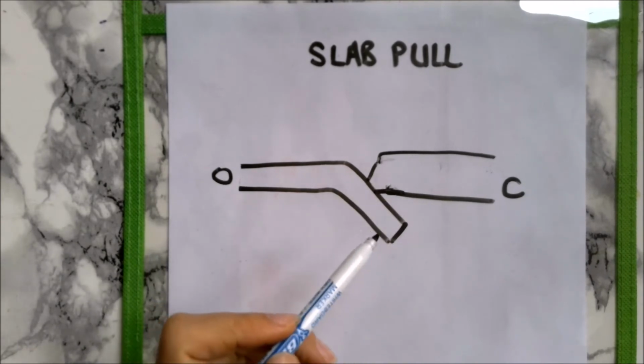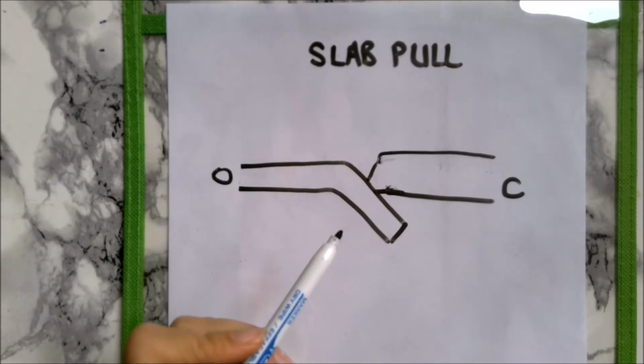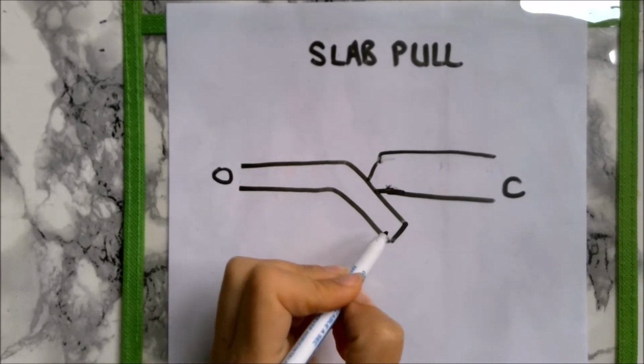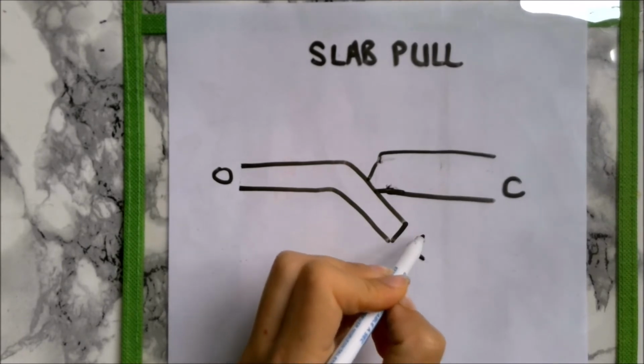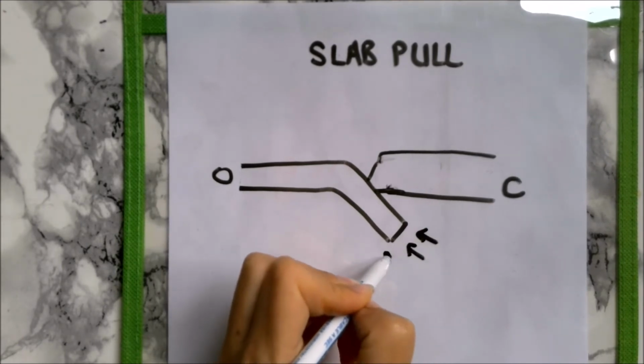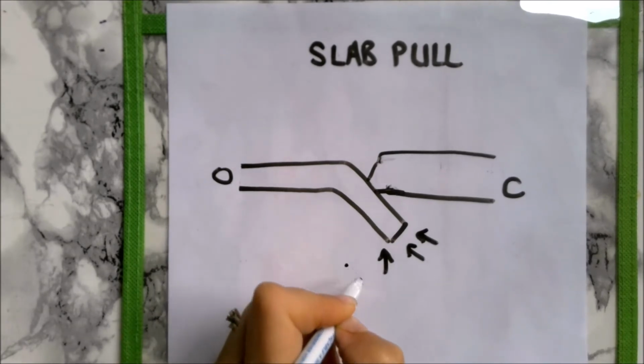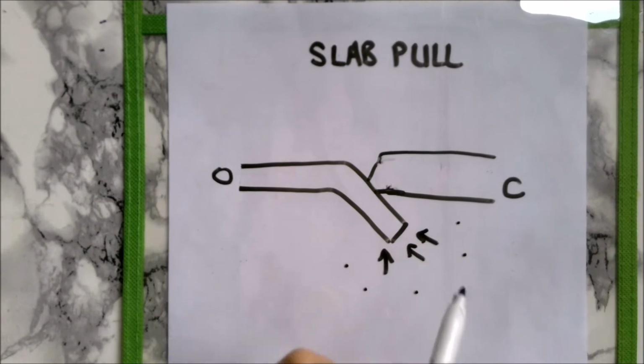So with this one, the slab pull element is an additional force occurring at any plate boundary where there is subduction. So the most important bit that you need to realise in this area is that obviously you have got that subducting region. So we know this plate is particularly heavy, and we know that it is actually going to be colder than all of the other components around it.